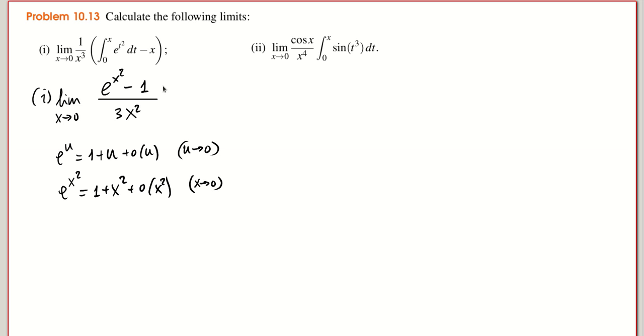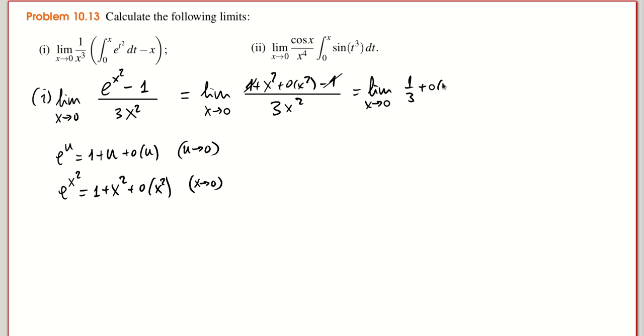So if I substitute this here, then we have the limit when x goes to 0 of 1 plus x squared plus o(x squared) minus 1 over 3x squared, right? And then the 1 cancels, and this is the limit when x goes to 0 of 1/3 plus o(1), which is 1/3. So that is the limit of the first one.